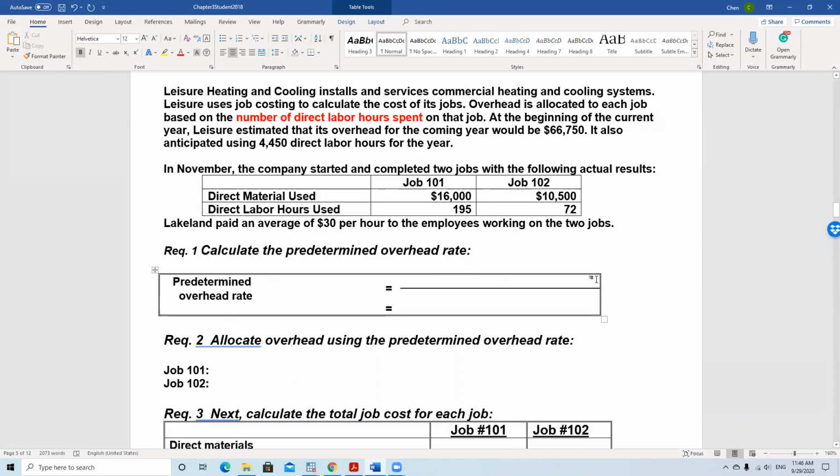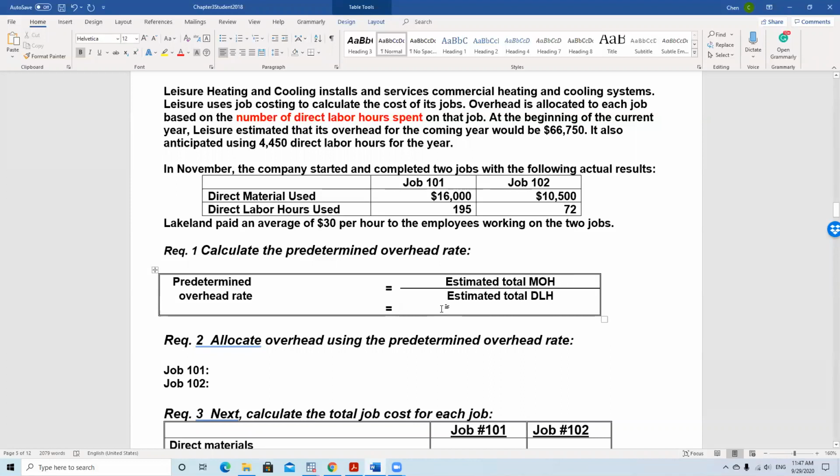Okay, so remember, estimated, right? We use estimated and estimated. Estimated total overhead divided by estimated total direct labor hours, okay?